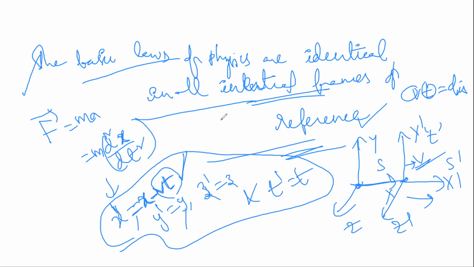Now let us differentiate these equations. Let me erase this. We have x dash equals x minus vt, y dash equals y, z dash equals z, and t dash equals t.